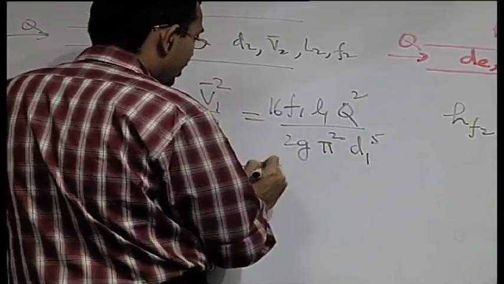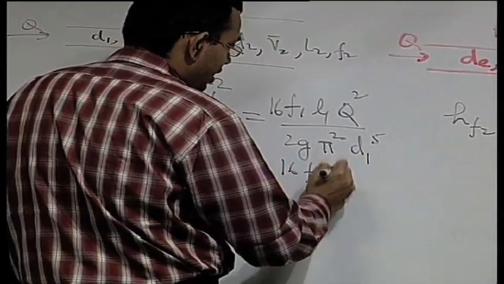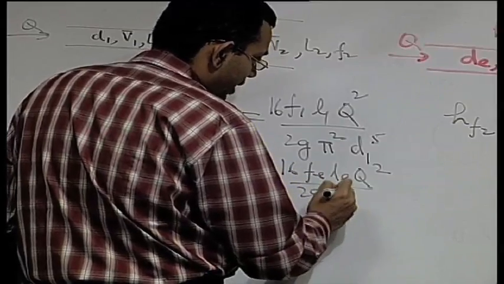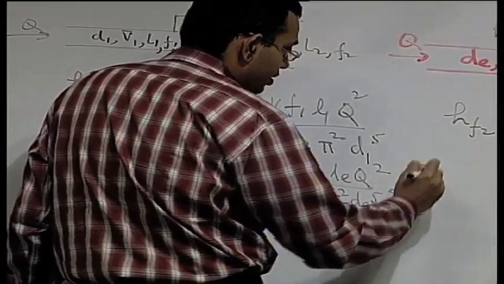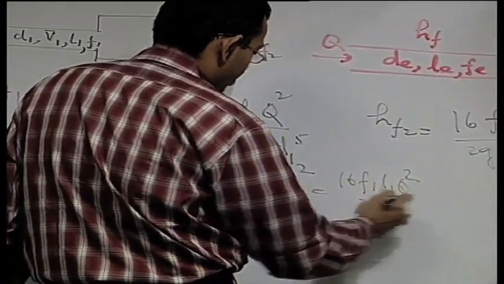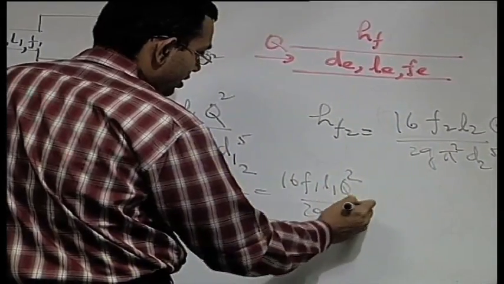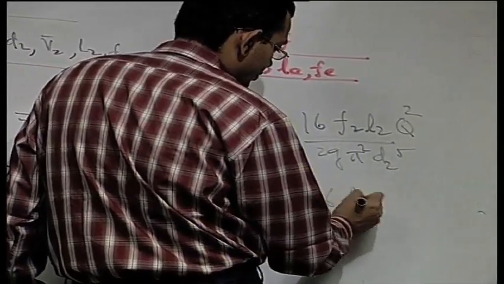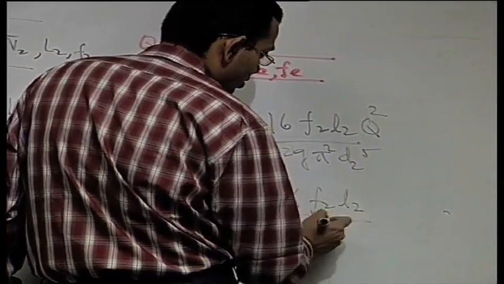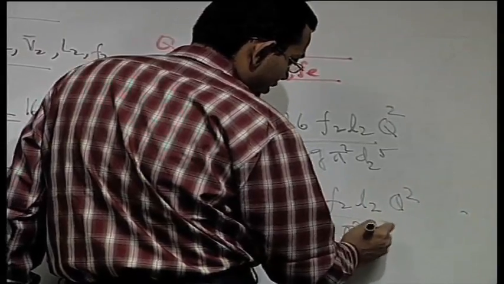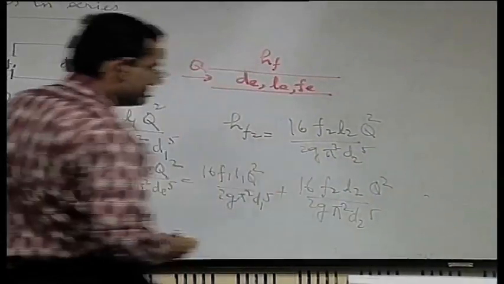So you can write 16 FE LE Q square by 2g pi square DE to the power 5 equal to 16 F1 L1 Q square by 2g pi square D1 to the power 5 plus 16 F2 L2 Q square by 2g pi square D2 to the power 5.